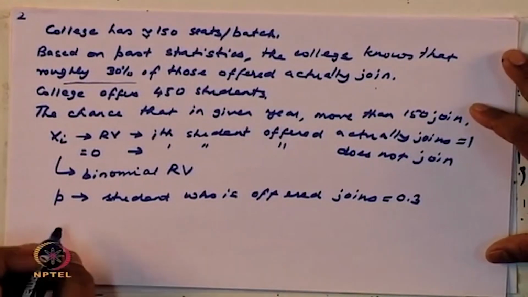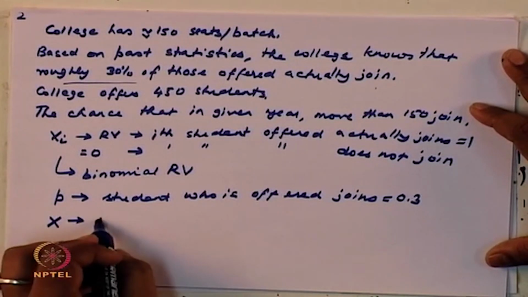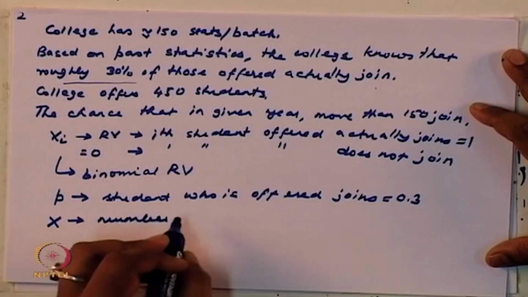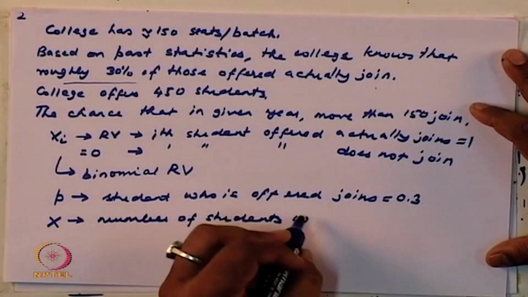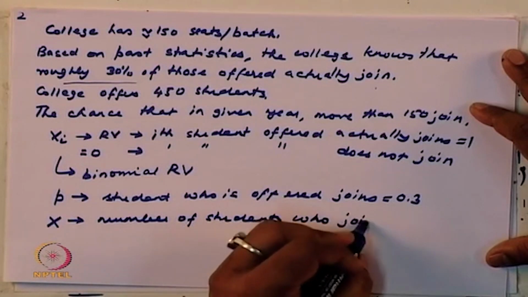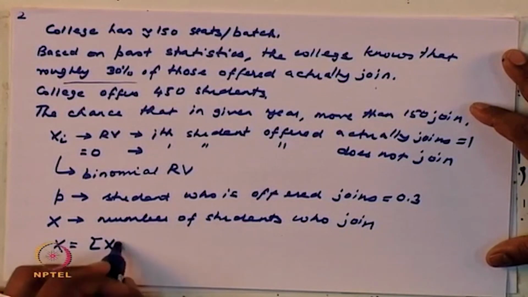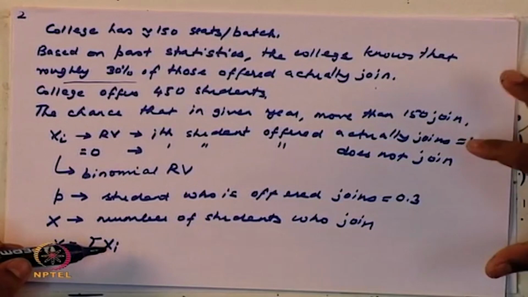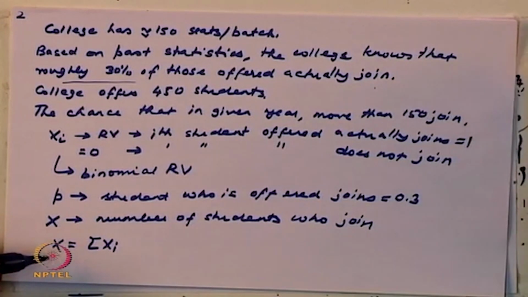So, let x be the number of students who join. What will be x? X is nothing but the summation of xi, because each xi is 1 if the student joins. So, if I add all of them, then x is the random variable of the number of students who join.